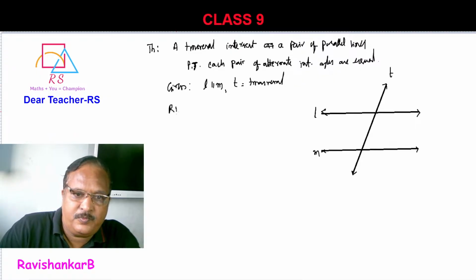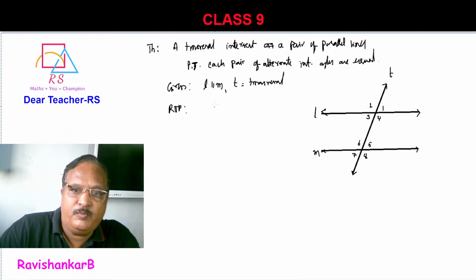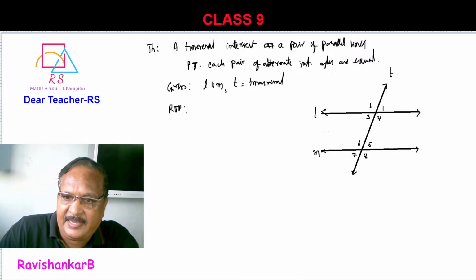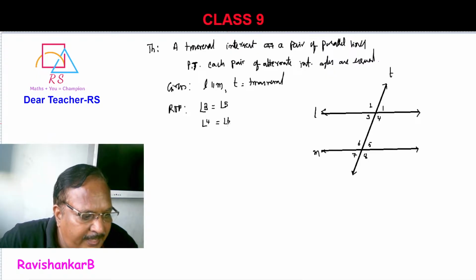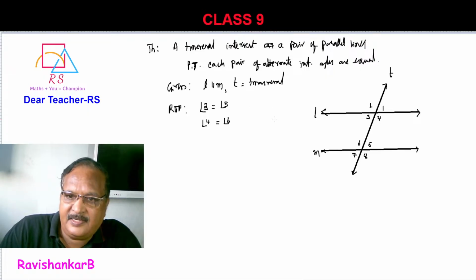Now what is to be proved? I will write the numbers also: 1, 2, 3, 4 and 5, 6, 7, 8. Prove that each pair of alternate interior angles are equal. That means angle 3 is equal to angle 5. This is one pair. Angle 4 is equal to angle 6. This is another pair.